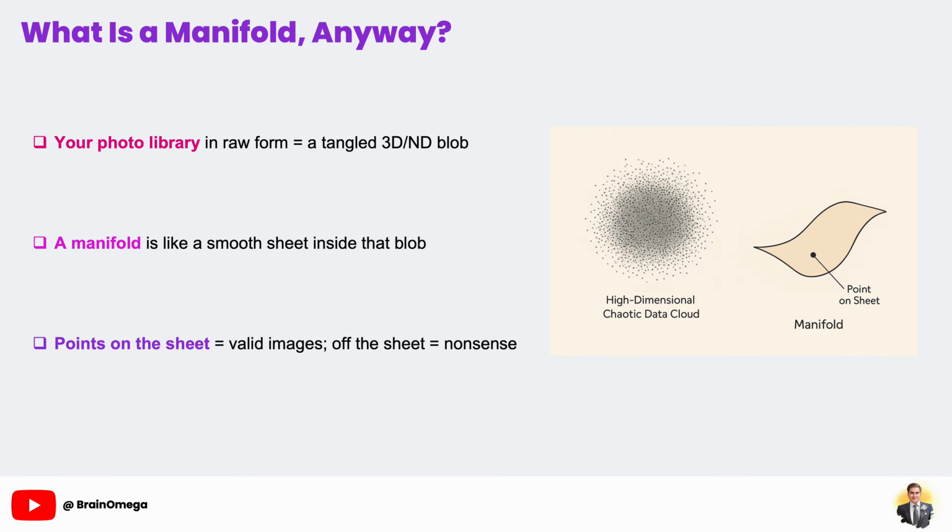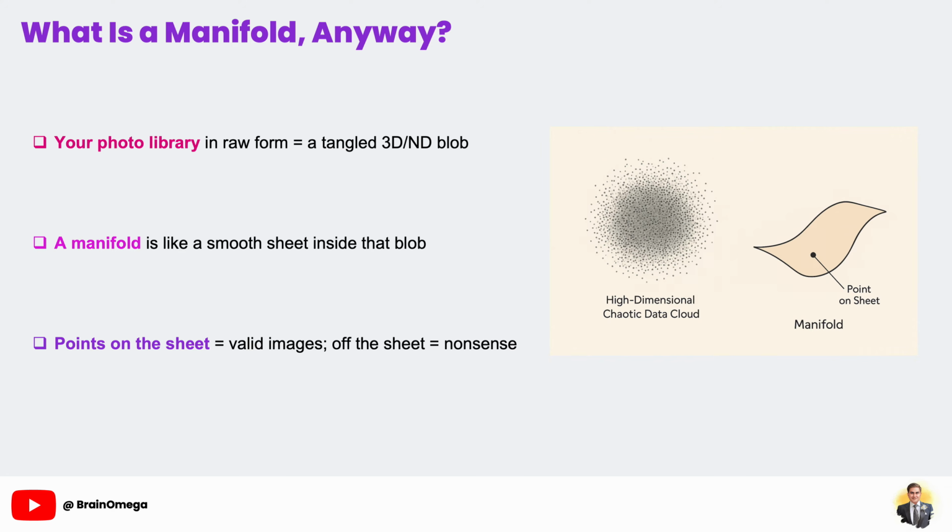To get a handle on the word manifold, let's break it down with a simple metaphor. Imagine you have every single photo you've ever taken, your camera roll, your archive, whatever, and you plot them as points. In reality, each photo has hundreds of thousands of pixels. If you try to visualize each as a separate point in space, you'd be dealing with something like a million-dimensional blob, utterly impossible to picture.